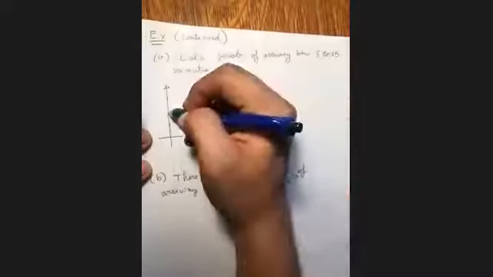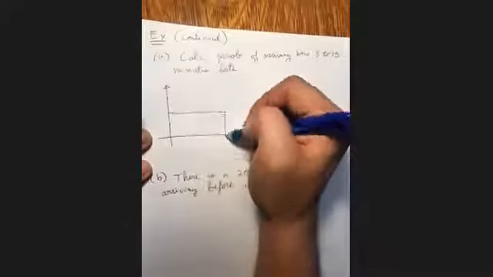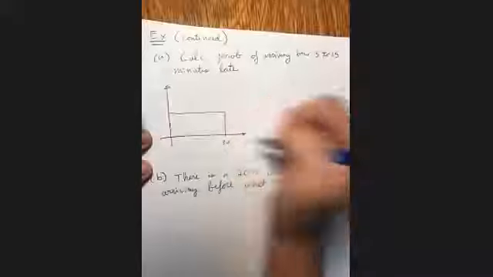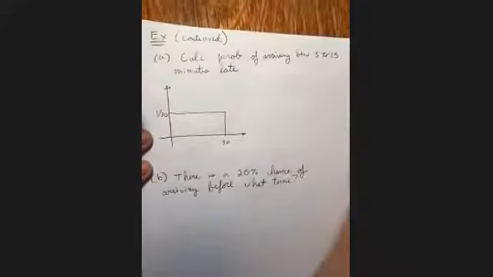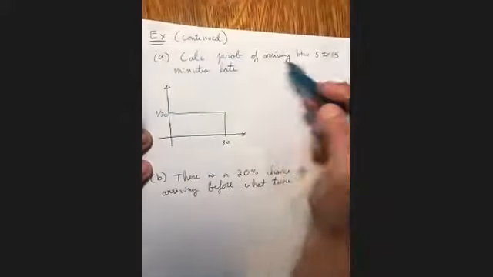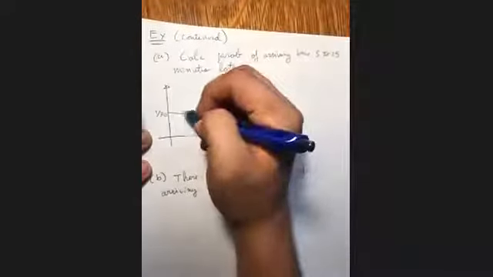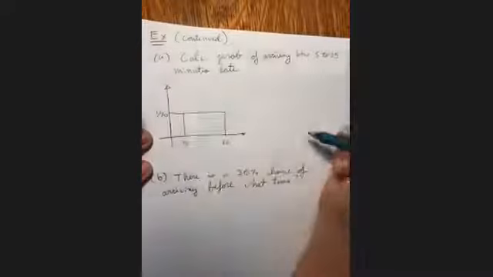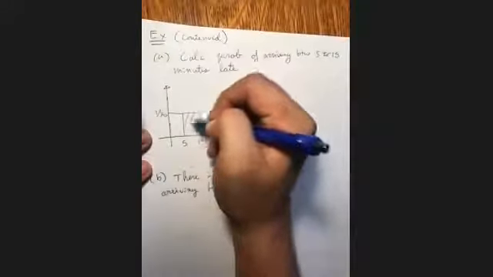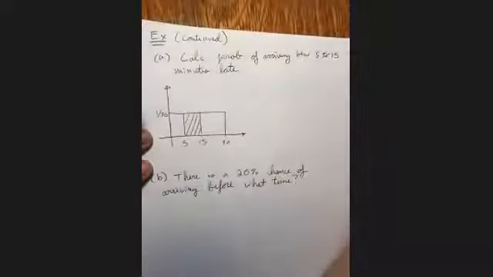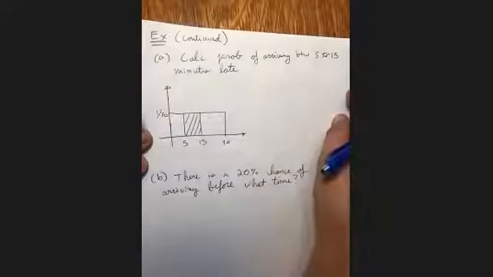So if I draw my uniform distribution, which is the rectangle that goes up to 30 and it has a height of 1/30, I'm looking to calculate this probability. I'm looking for the area between 5 and 15. So I'm looking for the area of that little shaded rectangle.